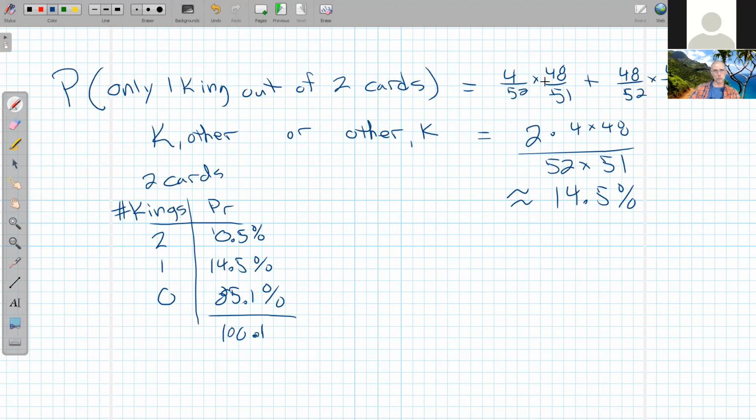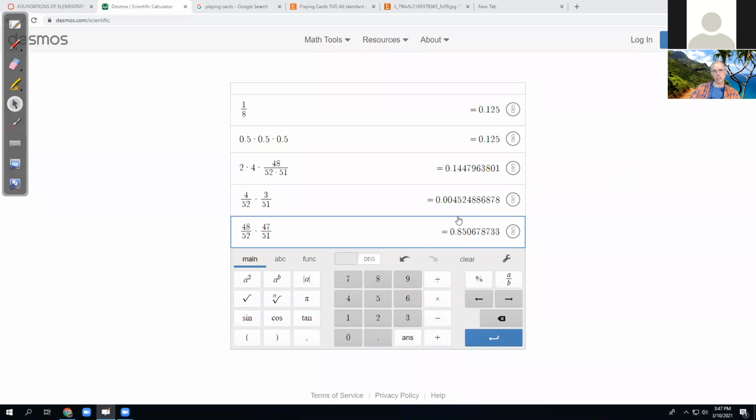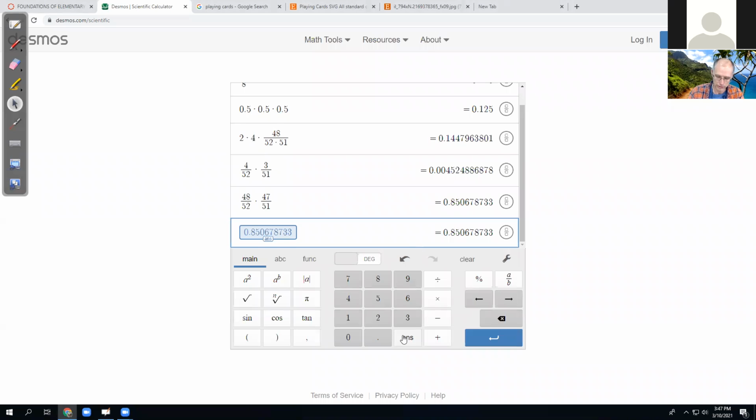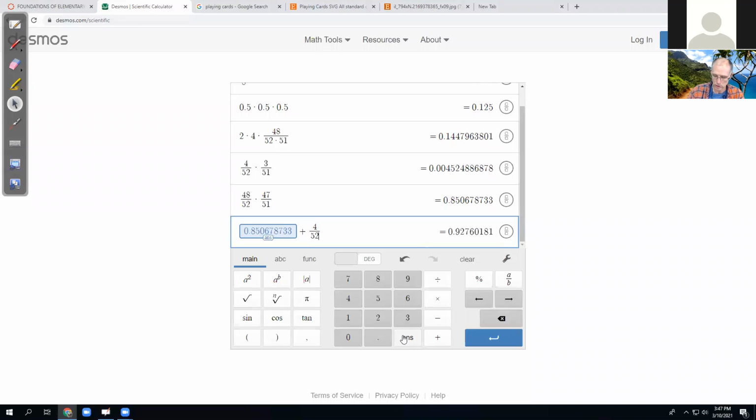If we didn't round and we just added those fractions together, it should be exactly 100%. So to this one right here, I add the other guys: the 4 out of 52 times 3 out of 51, and add on to that, so let the computer deal with any possible rounding, 2 times 4 times 48 over 52 times 51.